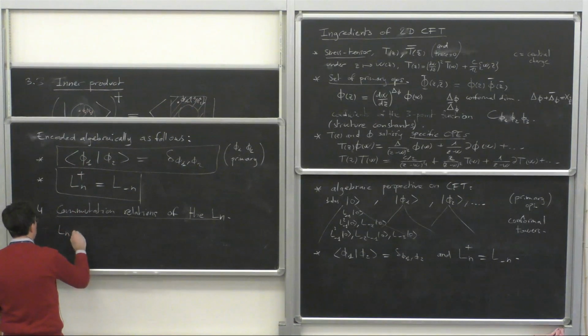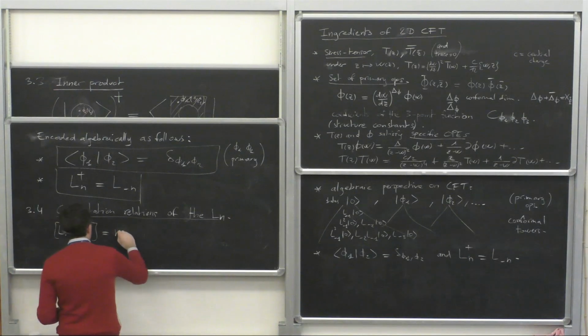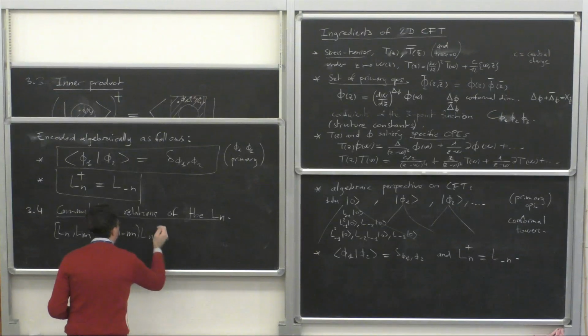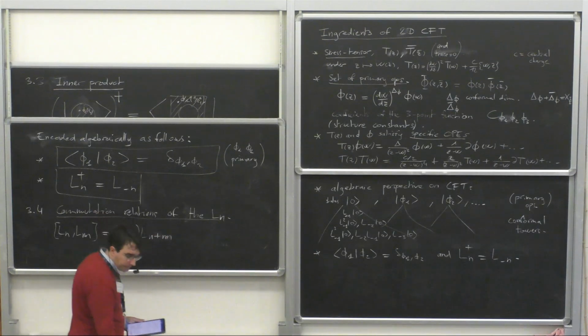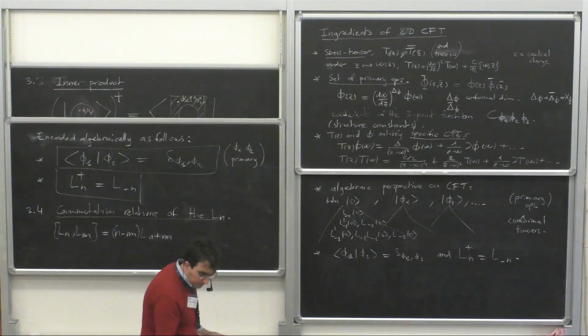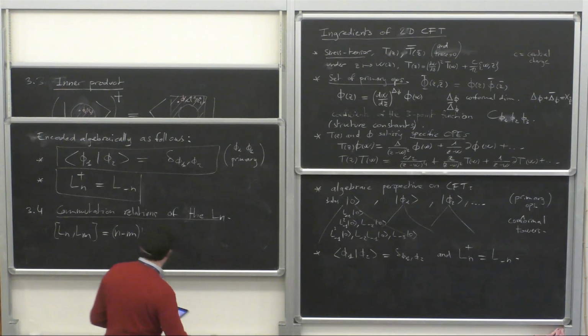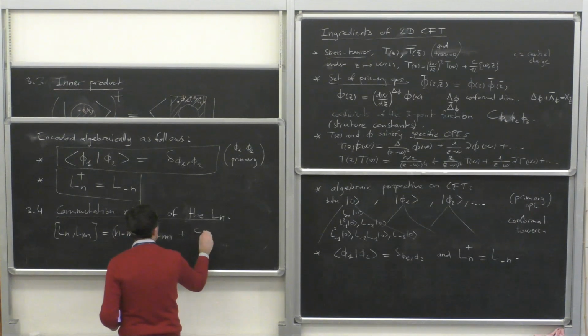You can find that the commutation relations of these modes are given by [L_n, L_m] = (n minus m) L_{n+m}, plus c over 12.